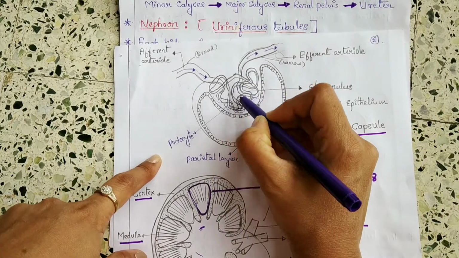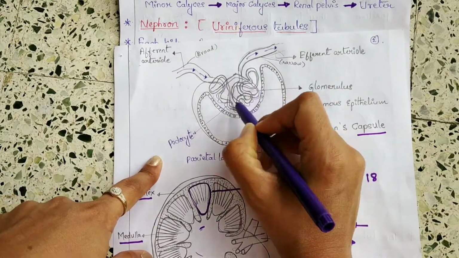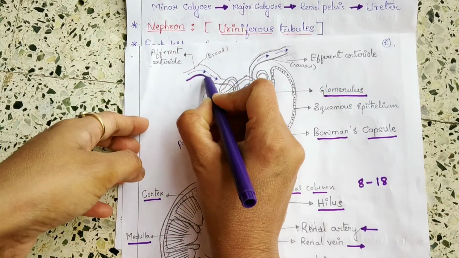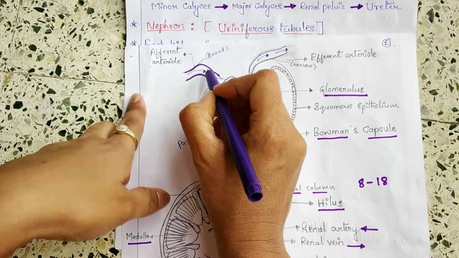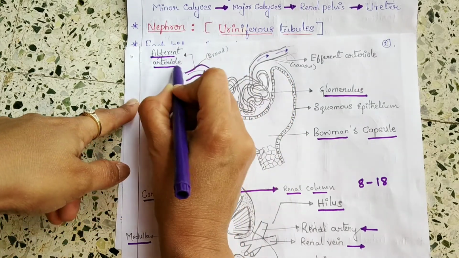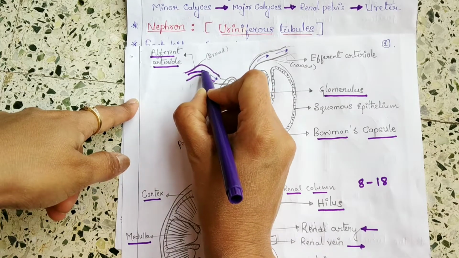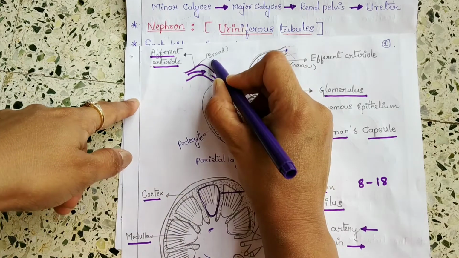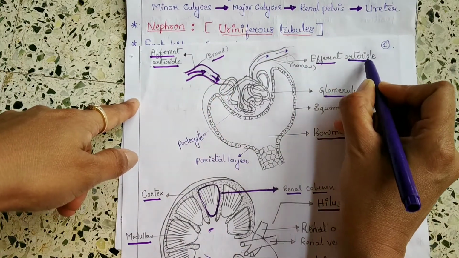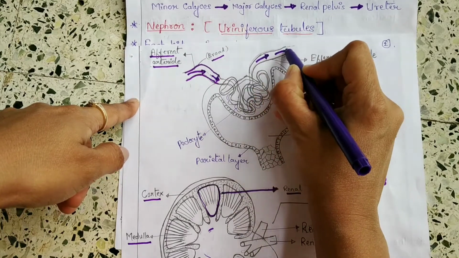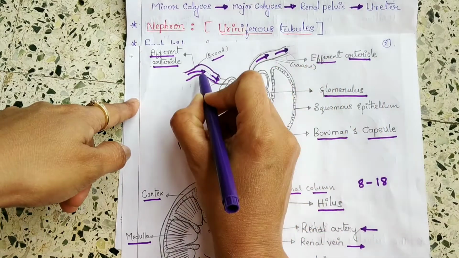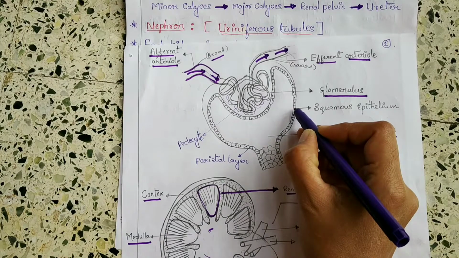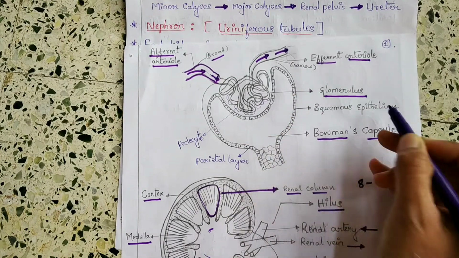It is made up of a network of blood capillaries, and that is called the glomerulus. The part from where the blood is entering is called the afferent arteriole, which is broad when compared to the efferent arteriole, because that is where the blood is leaving, and it is very narrow when compared to the afferent arteriole. And this one is lined by squamous epithelium.